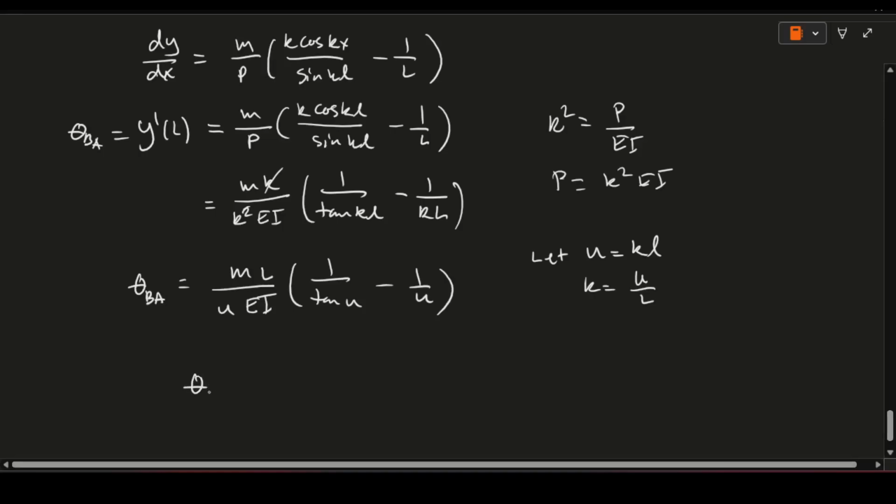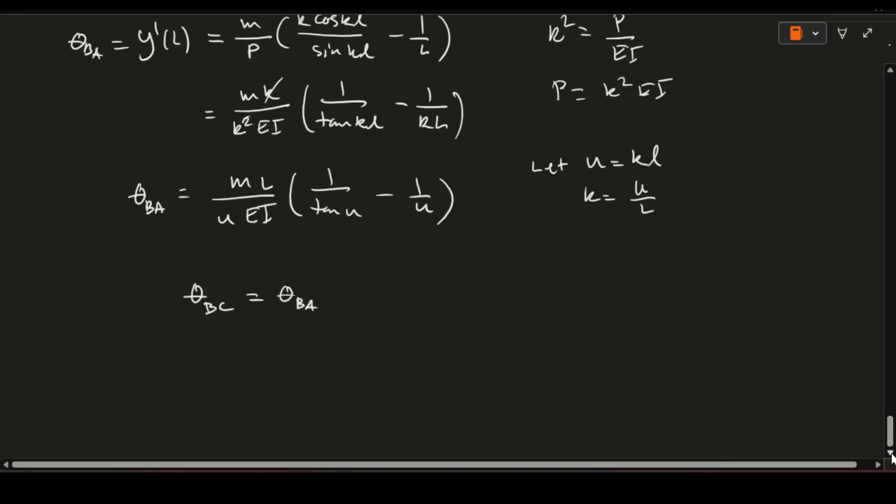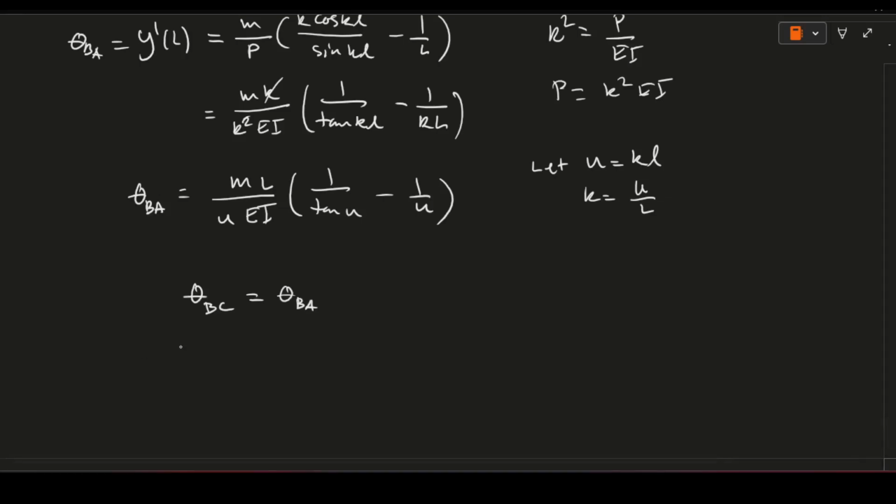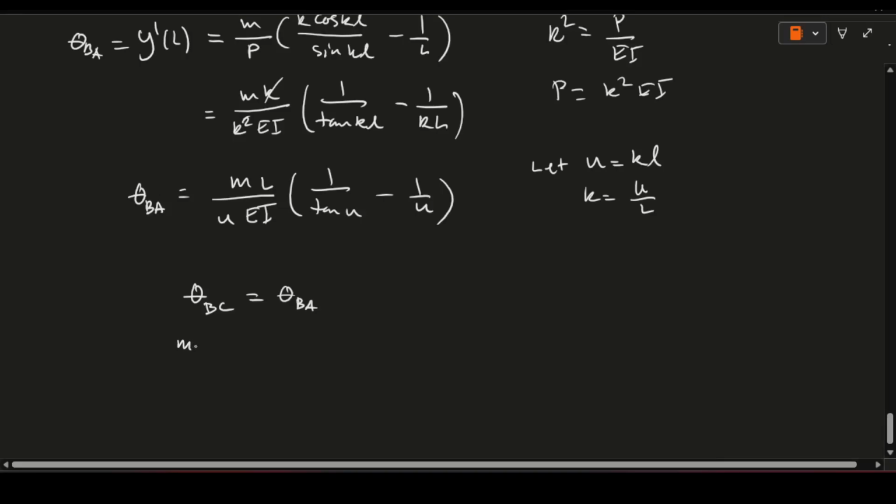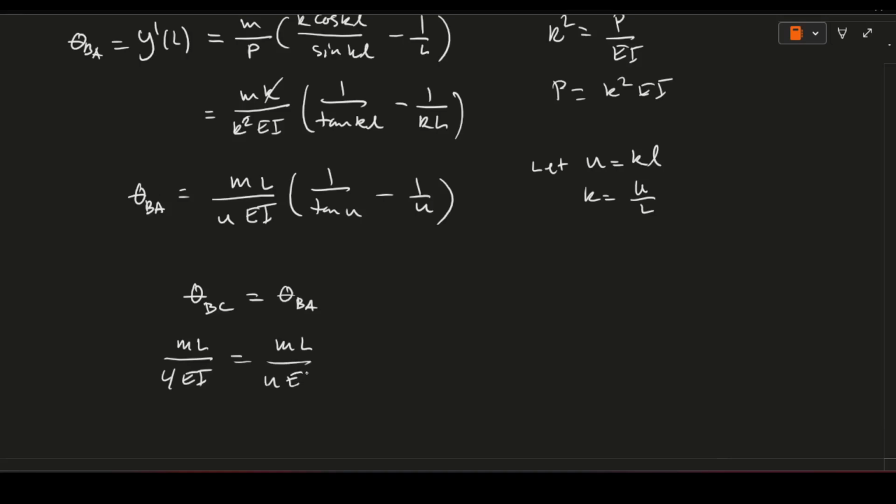So I use the equation theta BC equal to theta BA. And we have M times L over 4 EI is equal to ML over u EI times 1 over tangent u minus 1 over u.